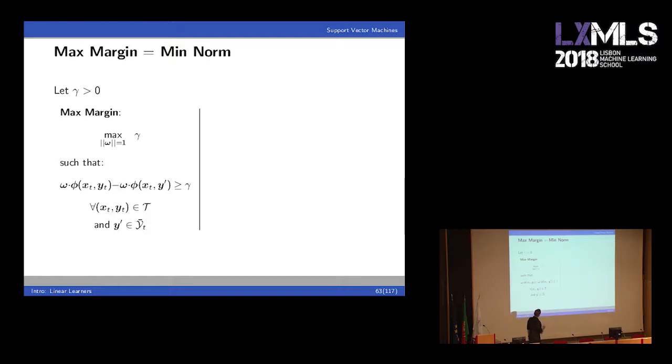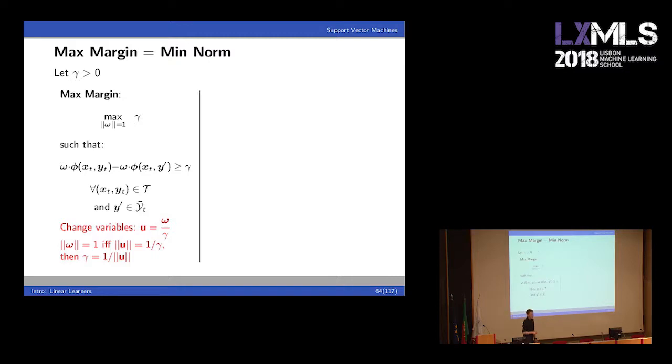Instead of using our weight vector W, we use another reparametrized weight vector U, which is just a scaled version of W. If the norm of W is 1, then the norm of U is 1 over gamma. Or in other words, gamma is 1 over the norm of U.